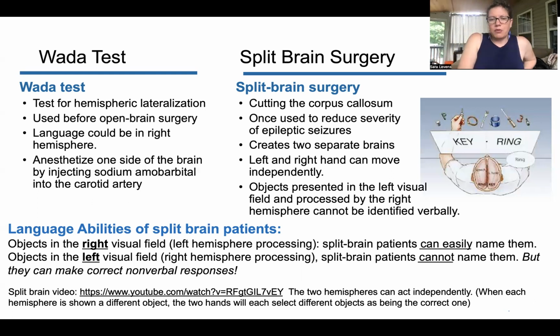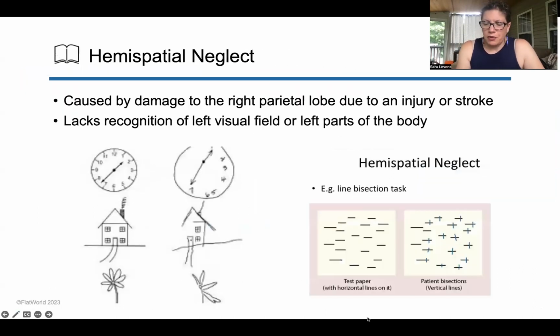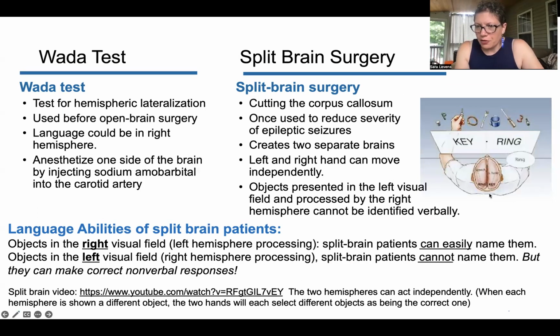Then what would happen is it would create two separate brains. The left hand and the right hand would be able to move independently, and the two brains had a hard time communicating with each other since they lost their corpus callosum connection. This is an example of someone who's had their corpus callosum cut.